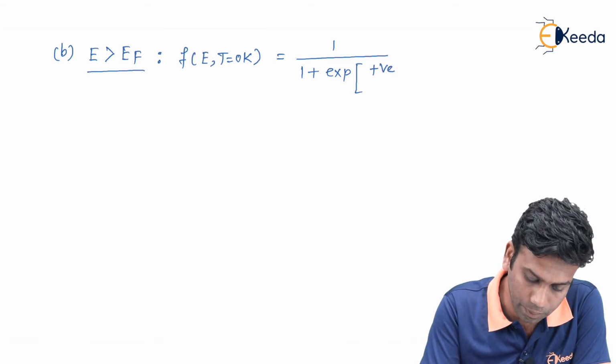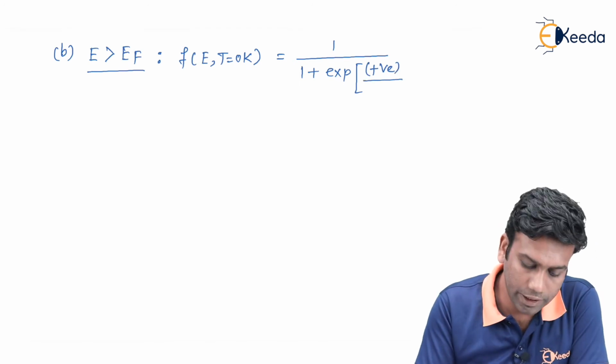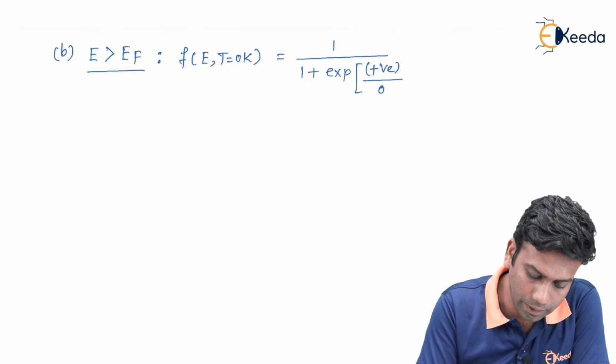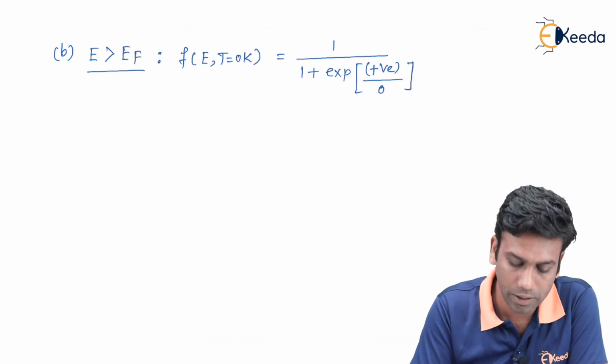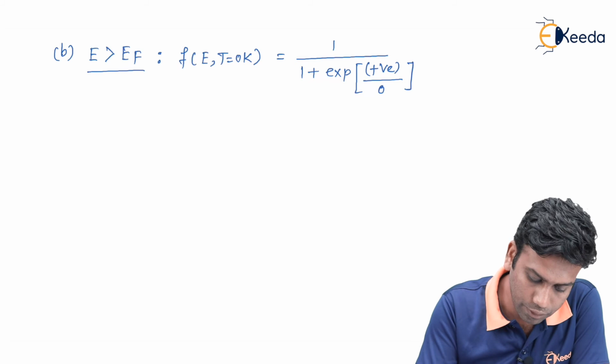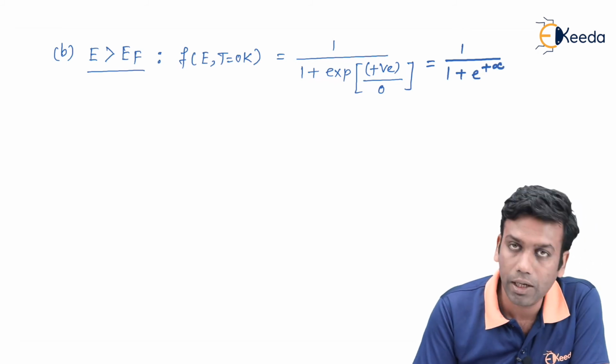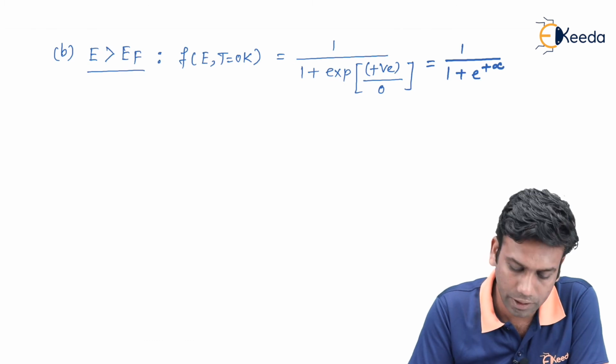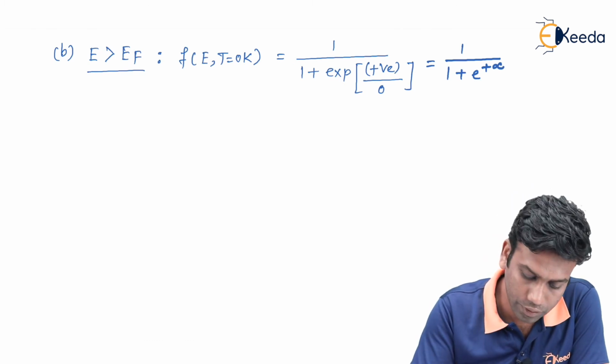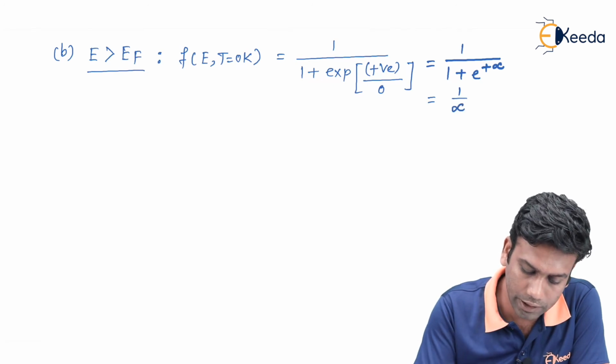So it will have a positive value, and in the denominator we will have a 0 because temperature is equals to 0. So we can write this equation as 1 by 1 plus e to the power plus infinite, and e to the power plus infinite is equals to infinite. So finally we will get 1 by infinite, that is equals to 0.